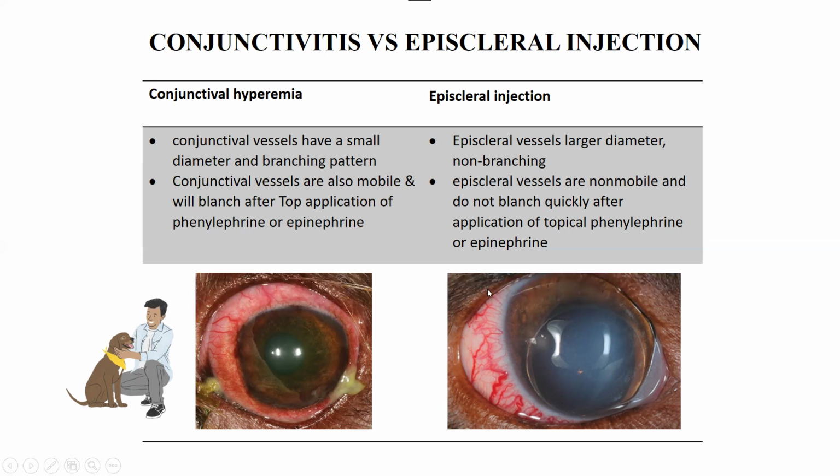But the case is reversed in episcleral injection. In episcleral injection, the vessels are non-mobile and do not blanch quickly after application of topical phenylephrine or epinephrine. So this is the marked difference between these two situations, because you are going to see some diseases with conjunctivitis and some with episcleral injection.